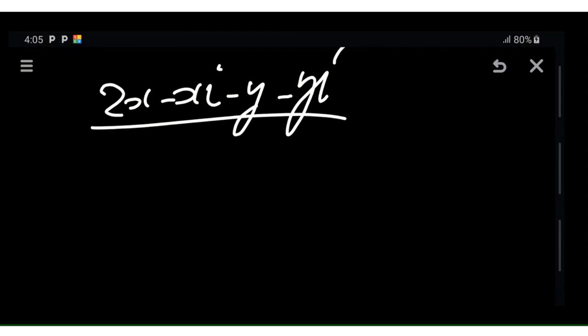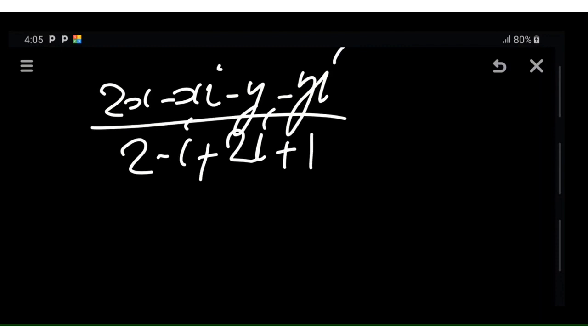Over, we expand what is in the denominator. 1 times 2 is 2, 1 times negative i is minus i, i times 2 is plus 2i, i times negative i is plus i squared. I'm sure you are familiar with these: i times i is negative 1, so negative 1 times negative is a positive 1. So this is how it comes.